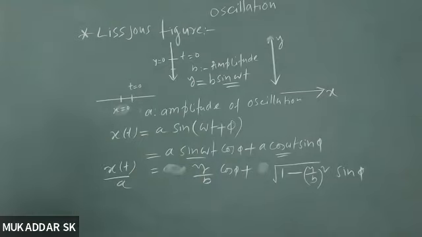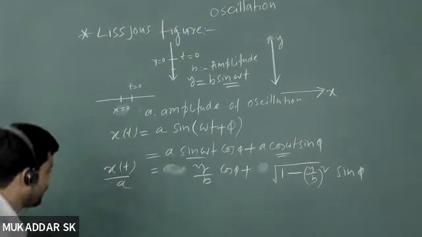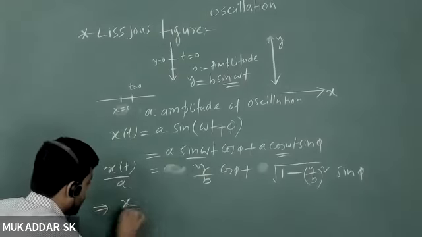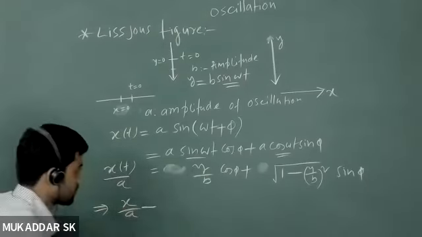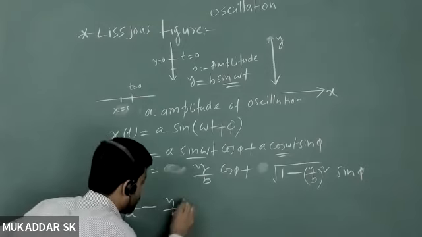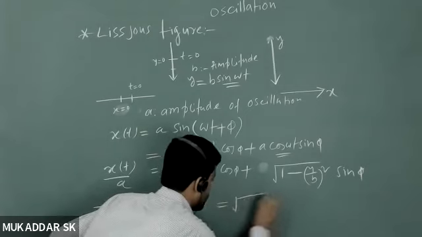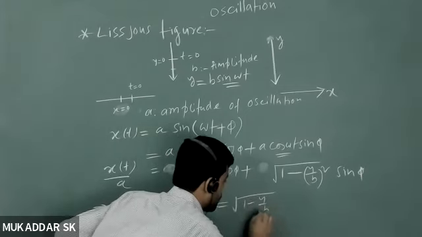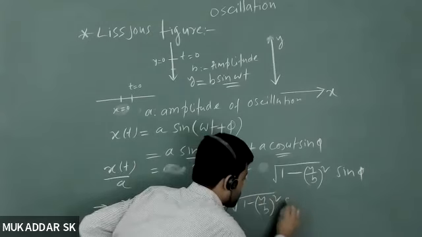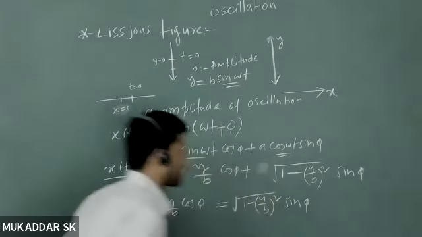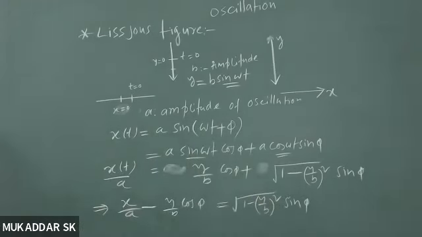So x by a should be equal to y by b cos phi plus square root of 1 minus (y by b) whole square sin phi. Okay. Now if you bring this term to the left hand side, you will get x by a minus y by b cosine phi equals square root of 1 minus (y by b) whole square sine of phi. Okay.